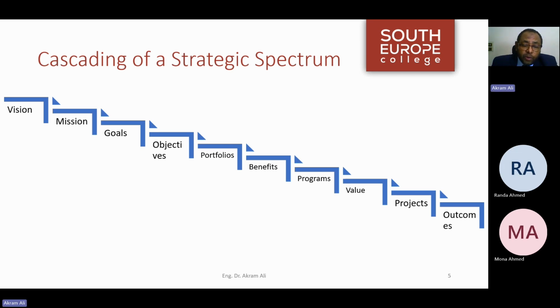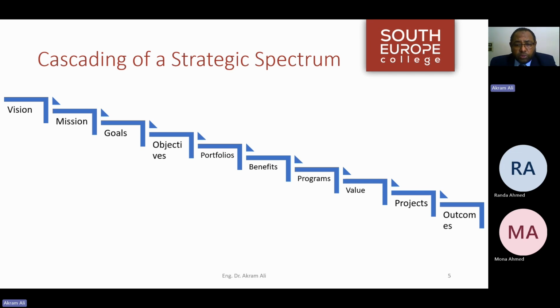So in order to implement the strategy, we need to have portfolios. And when we speak about portfolios, we normally refer to as we gain benefits. And portfolios include programs and projects. And programs are a group of related projects.